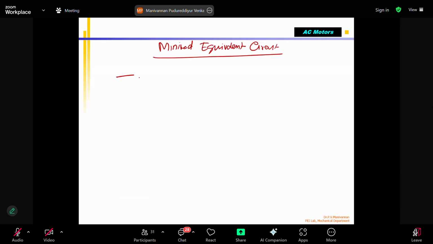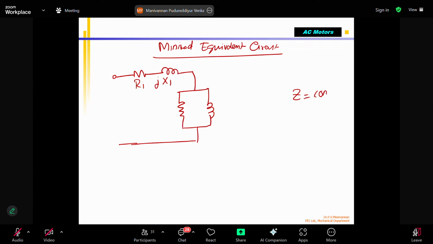Whatever you saw, you have this is R1, this is jX1. Please note that jX1 is a complex quantity. Impedance is a complex quantity. It has a real part as well as an imaginary part.